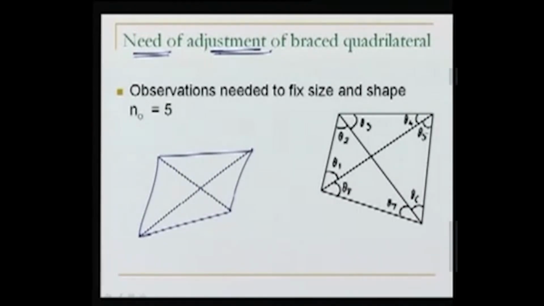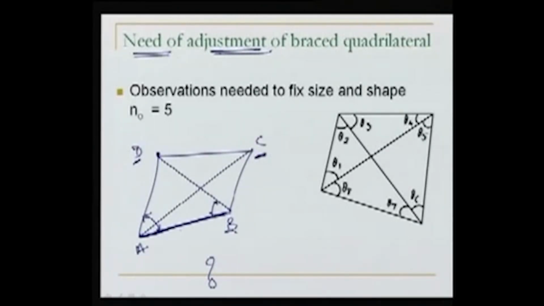Because this line AB is known, in order to fix points C and D, what is the minimum number of observations that we need to know? The minimum number. Well, I can fix D for this figure by knowing this total angle, and by knowing this angle, I can fix point D.